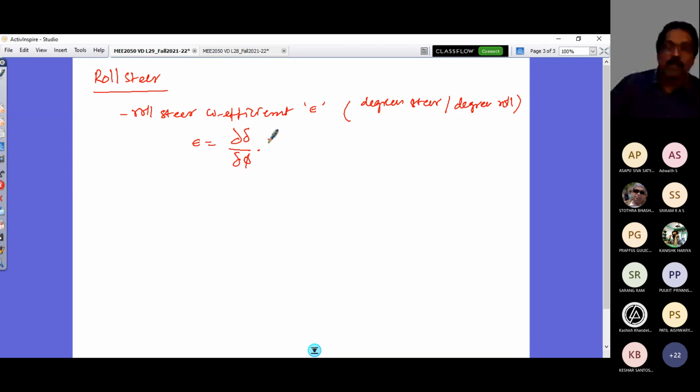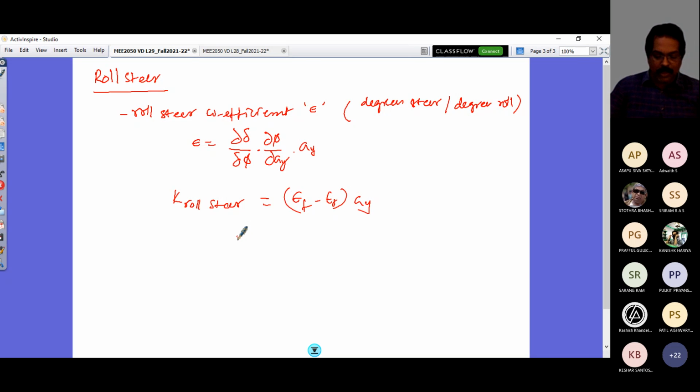Roll rate is ∂φ/∂ay into ay, not roll angle, into ay. This is how I can define it. Therefore, I can write, like the earlier derivation, the roll steer effect on K as (εF minus εR) into ay.